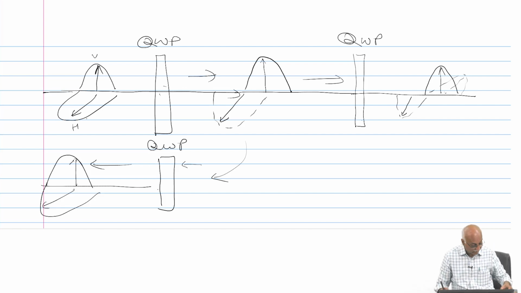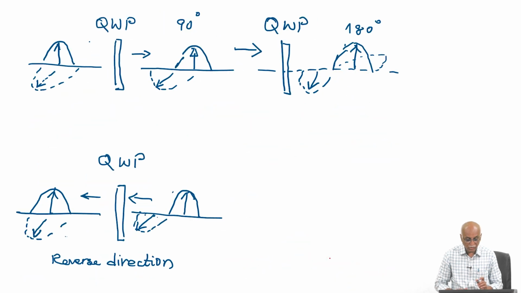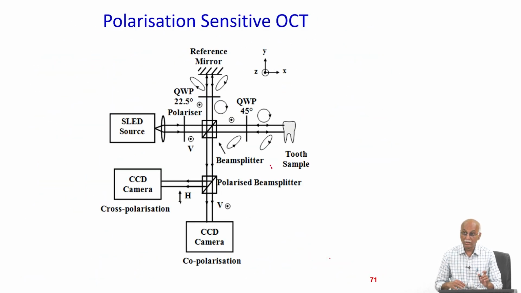So, with this approach, it is like this. From the source, light comes, let us say it is a vertically polarized light beam, and it goes through a quarter wave plate, which has 22.5 degree orientation.